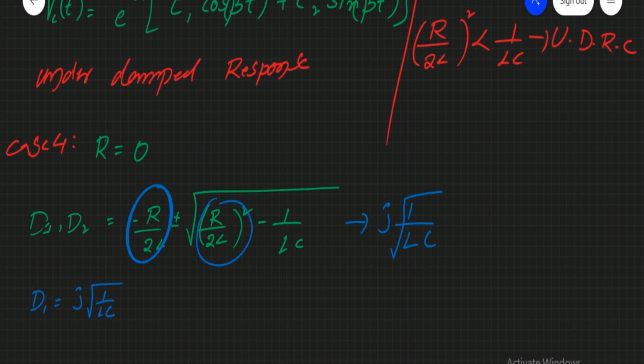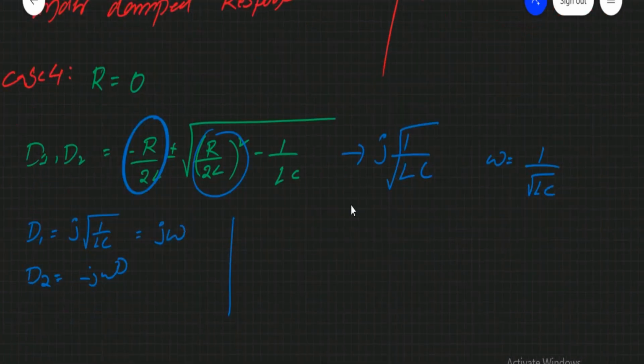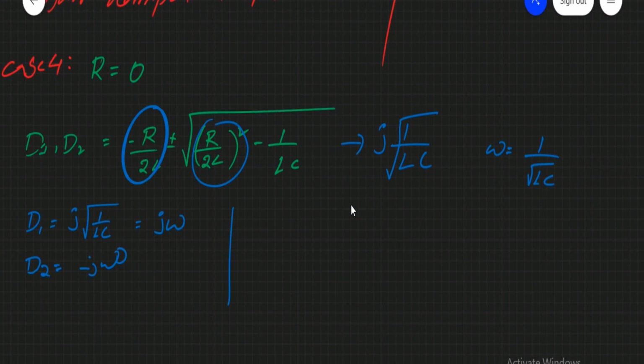Now 1 by root of LC is nothing but omega, because omega is equal to 1 by under root of L into C. So we can write D1 equal to j omega and D2 equal to minus j omega.